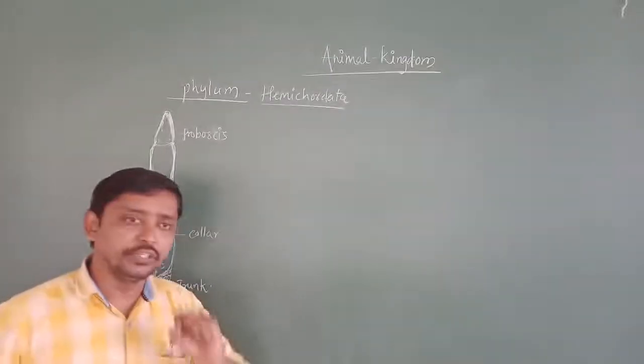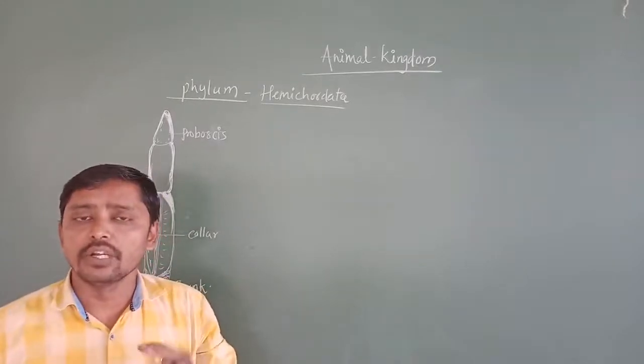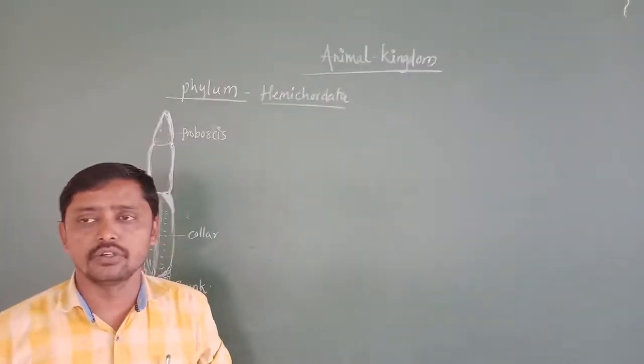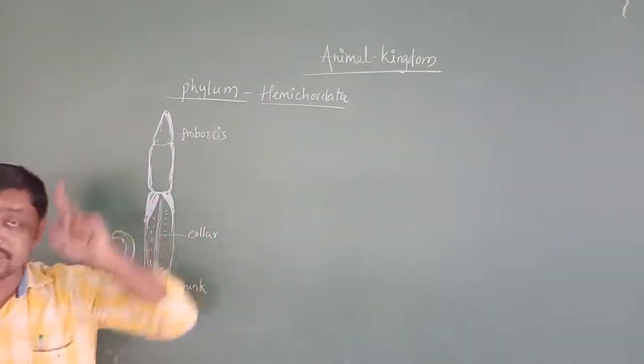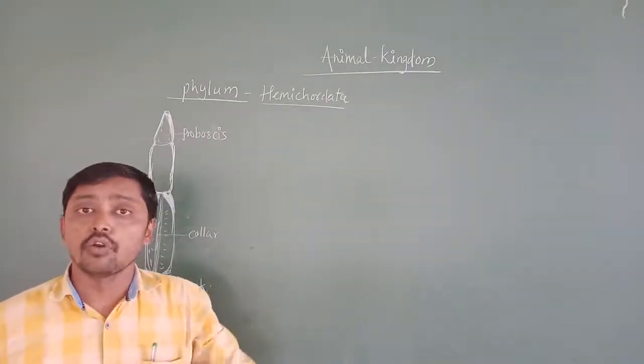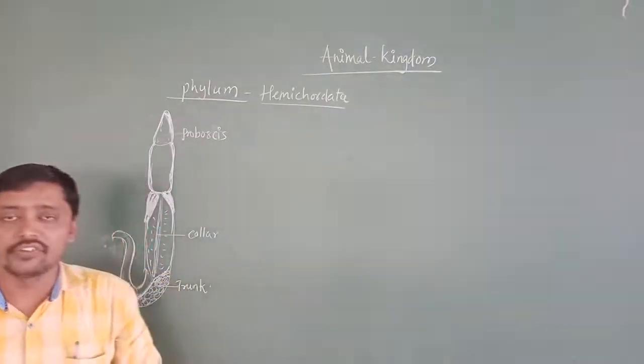Peculiar and unique characters are found only in a particular phylum. For example, the water vascular system is present in Echinodermata, and the water canal system is present in Porifera, in the sense of Ostia, Spongocoel, Osculum.